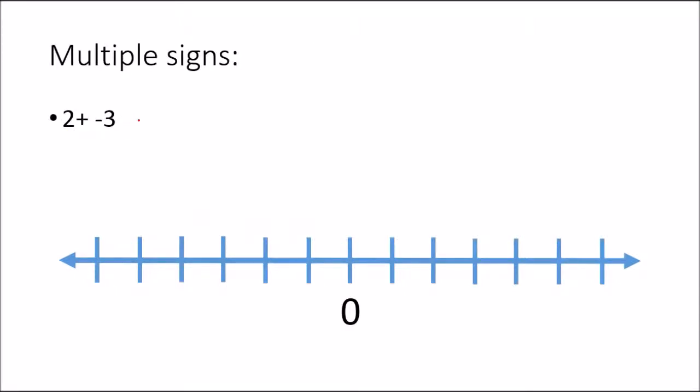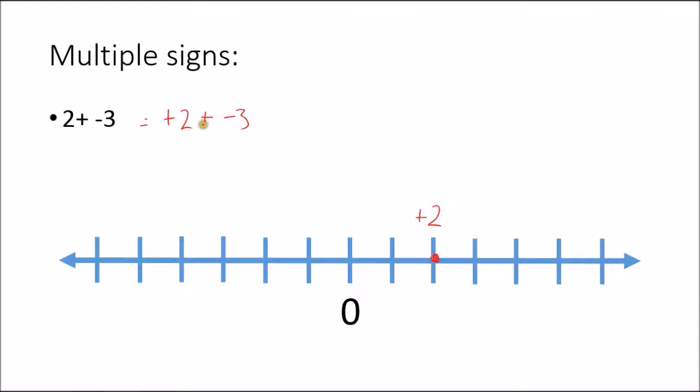Now if you've got multiple signs, you just need to think about what they're saying. We start off here with 2 plus minus 3. The first thing to think about is that the 2 is plus 2. So we are starting off at this point here, which is plus 2.